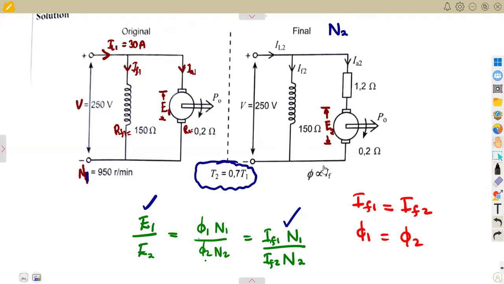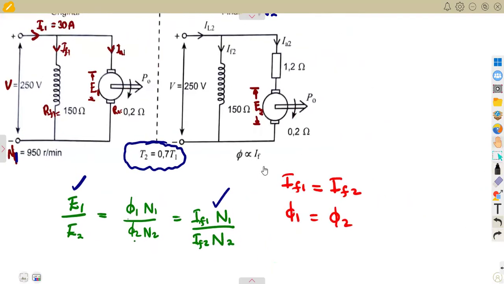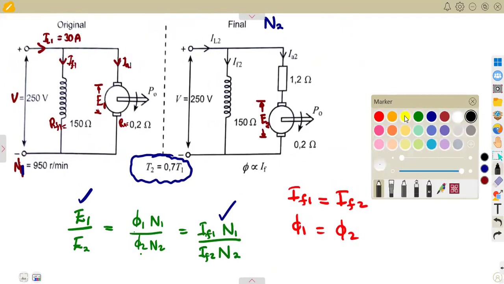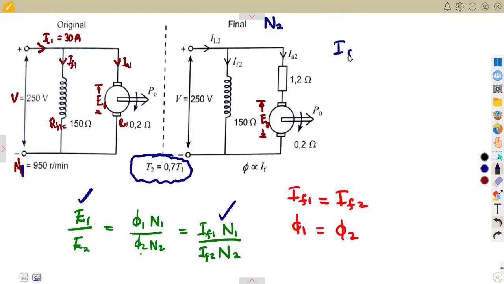Anyways, let us calculate, so that you see what I'm trying to say. The field current, remember I said this is the same as the shunt current. Remember from your shunt motor, the shunt current was equal to the voltage over R shunt, which is in this case our R field. The voltage is the same, does not change, 250.